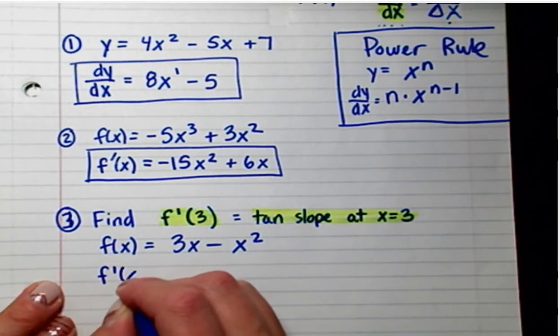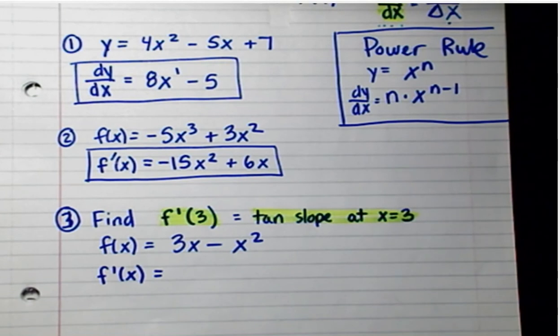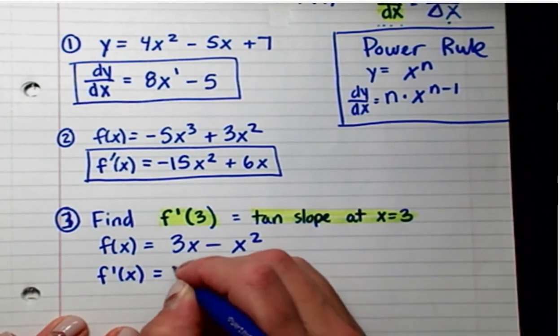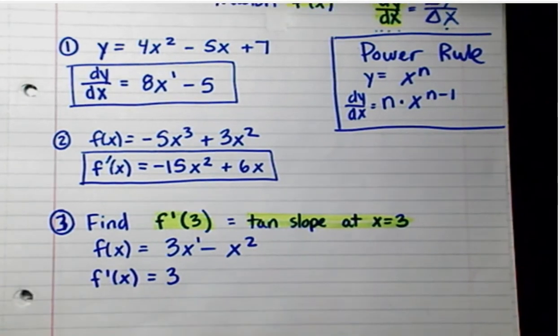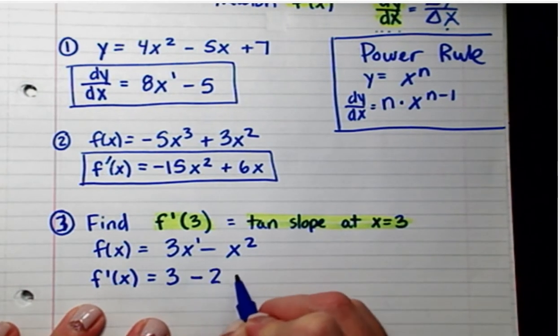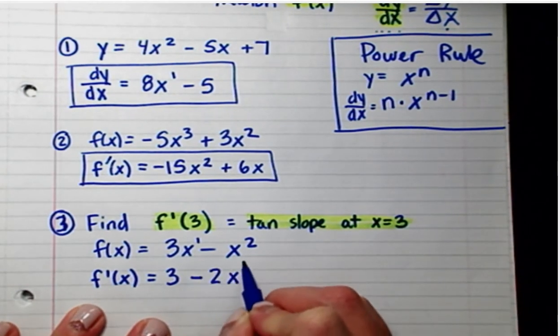So the first thing I'm going to need is the derivative. The power of 1 decreases to 0, so no more x. 2x to the first.